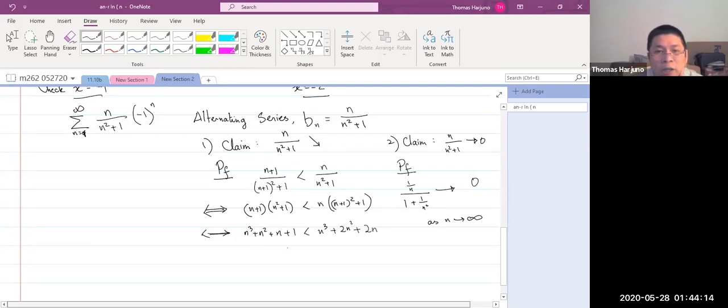Subtract, and I get 1 is less than n squared plus n. Now this is true for n greater than or equal to 1.